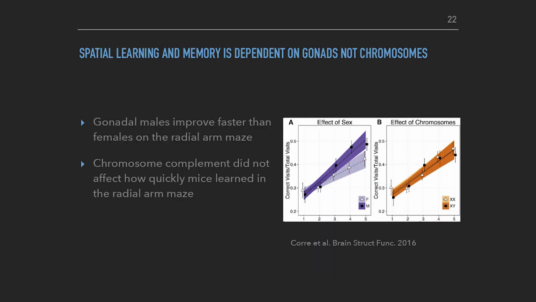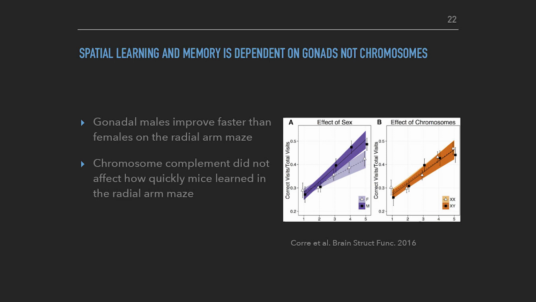And then when they looked at a spatial learning and memory task, on the y-axis we have the number of correct visits in a radial arm maze across trials. Here is the effect of sex, or the effect of the presence of gonads, and the effect of chromosomes. They found that all the animals improved across trials, which is typical, but males, those with gonadal males, I should say, so males that had testicles, learned faster than animals that had ovaries, okay?